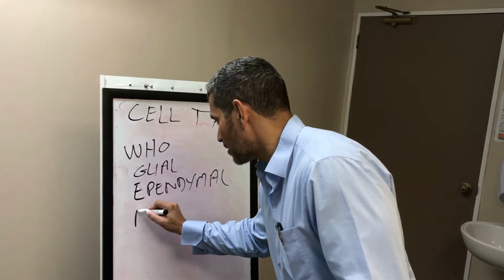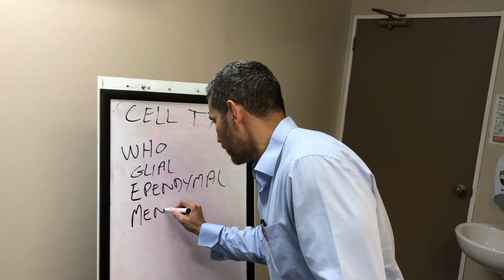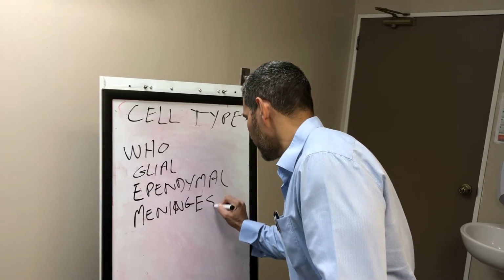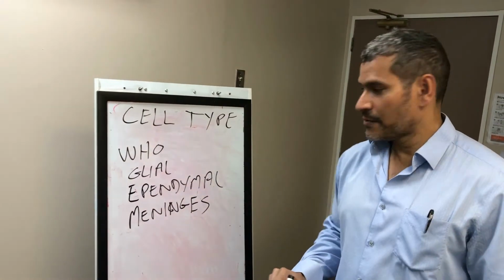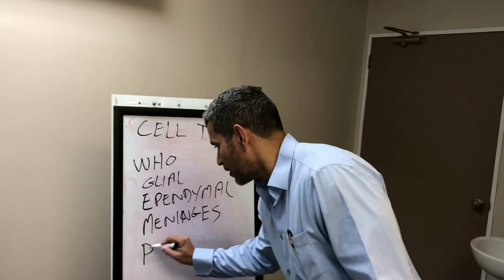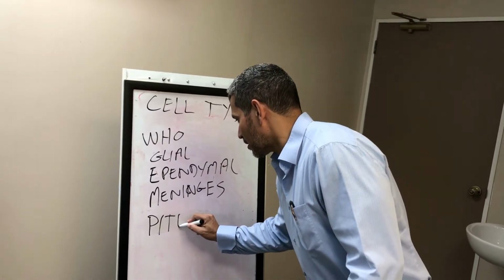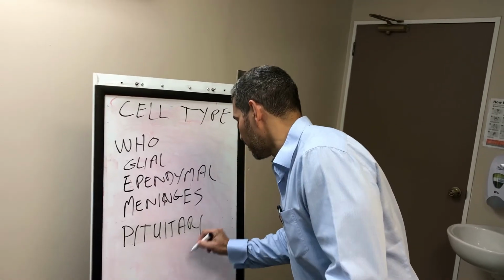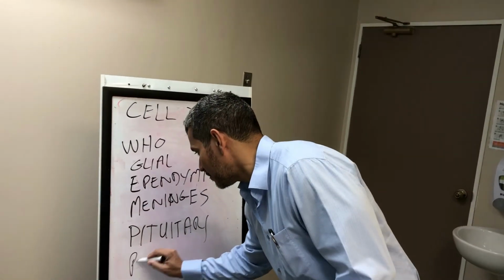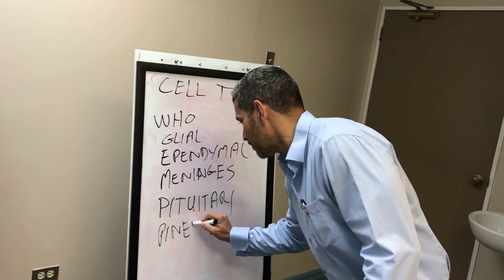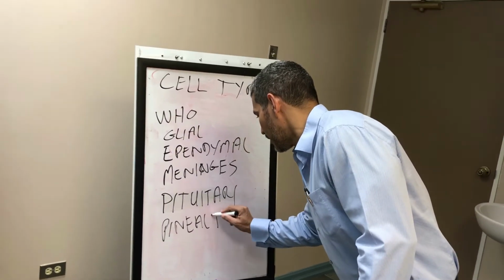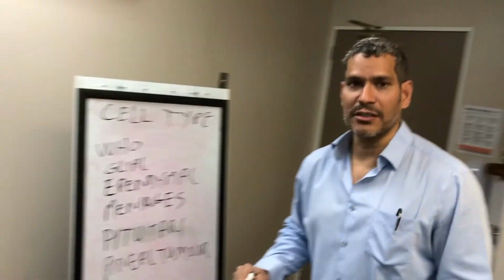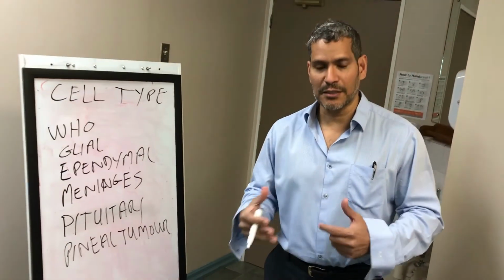We have the meningeal cells or meninges, which produce meningiomas. We have pituitary tumors, which consist of pituitary adenomas arising from the pituitary gland. We have pineal cell tumors arising from the pineal gland. And of course, we have the metastatic lesions, which are completely different.